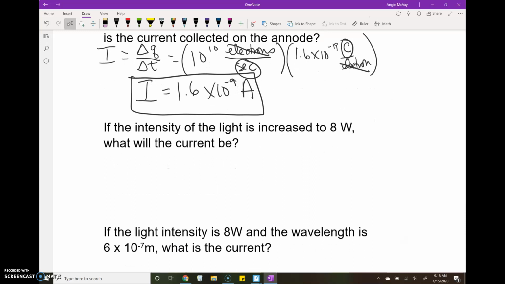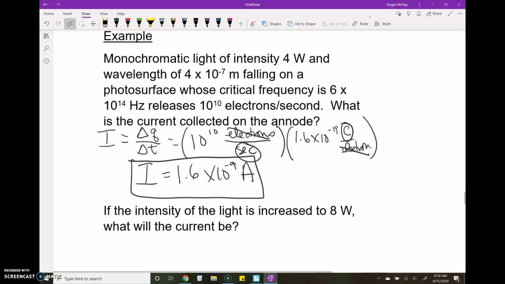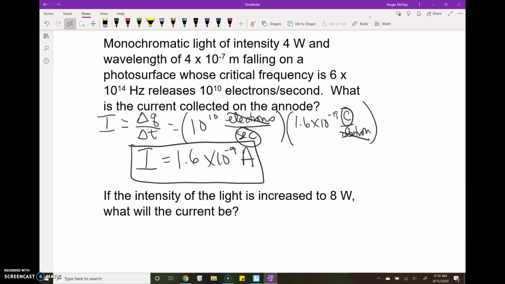Now, the next thing is, if the intensity of light is increased to 8 watts, what will the current be? We still don't have a relationship that relates wattage to current explicitly. But what we do know conceptually from the simulation is that the wattage increases the current proportionally. So if we double the intensity, the current will double.